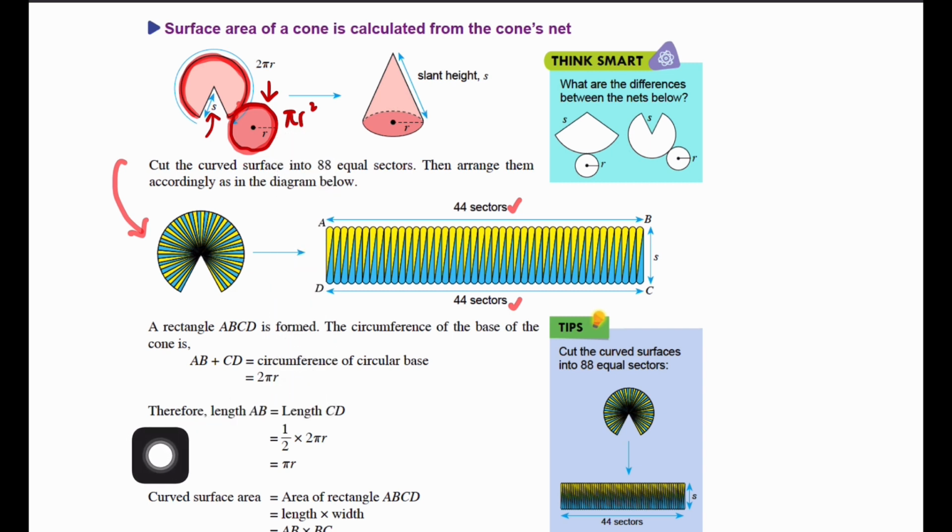Therefore the length of AB is equal to CD. Ini bagi dua lah, AB 1, CD 1. So in order to find one of the sides, kita tahu tadi ABCD adalah 2 pi R, so 2 pi R times half. Kenapa half? Sebab kita nak cari only one side, either AB or CD. Kalau daripada pembuktian ini tadi kita tahu AB plus CD is the circumference 2 pi R.